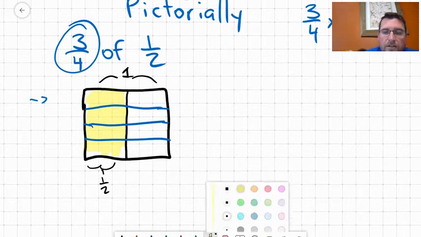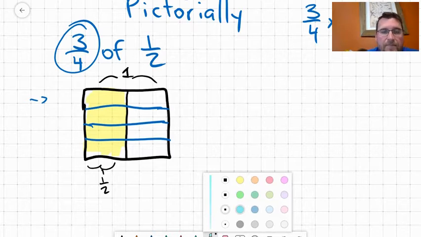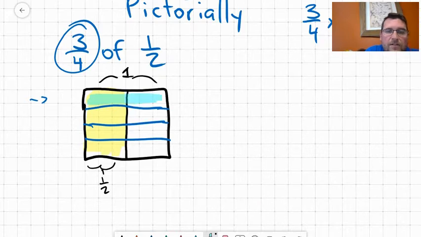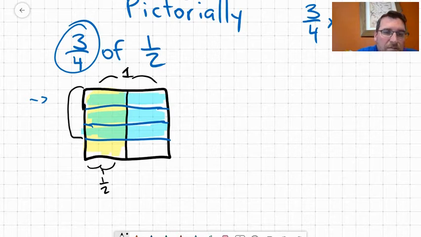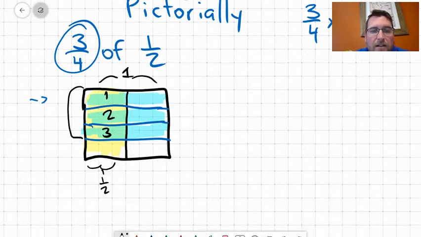Now what I want to do is color in 3 out of those 4 sections. So I'm going to color in this whole one right here, and this whole one right here, and this whole one right here. And what you'll see is where the colors end up on top of each other, that is the amount. So it's just these 3 right here, 1, 2, 3, that have both colors on them, because it's 3/4 of 1/2.